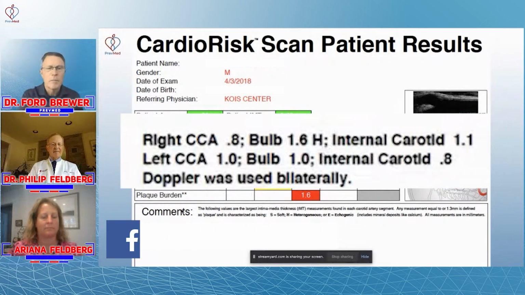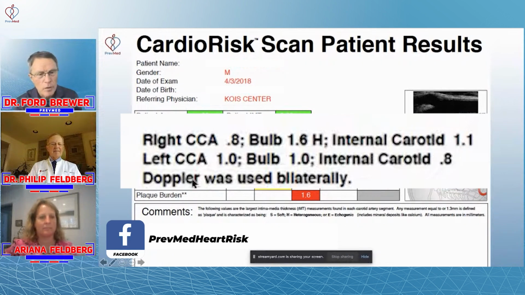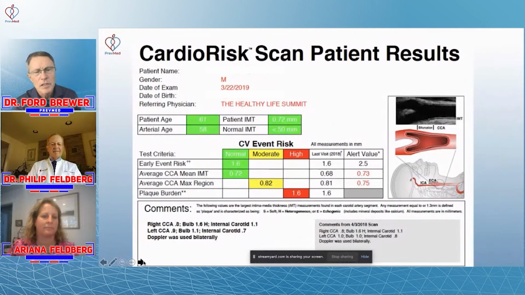So you look at the rest of my looks for discrete plaques, 1.1, 1.0, 1.0, and 0.8. So again, that was the only place where I had a significant plaque. Todd will often in his reports go over what he saw in the past and then give you his present reads. As you see, I basically did not have significant change from my April 2018 to my March 2019 study.